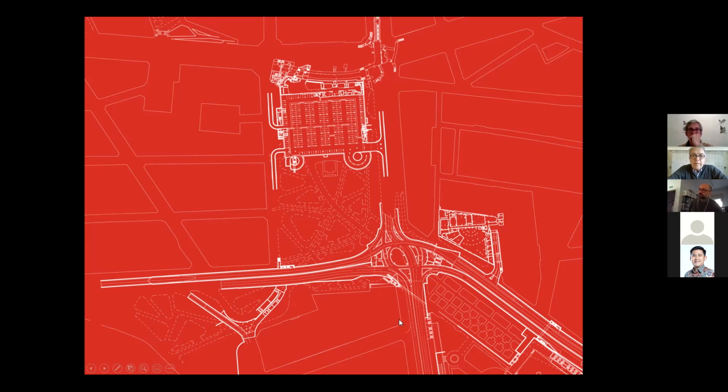This is the entrance to the city. If you go to the city, you go in, but most of the traffic doesn't go to the center of the city, but goes around it. So we tried to develop a strategy to link to this traffic.